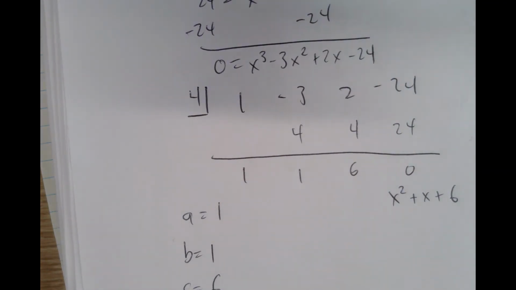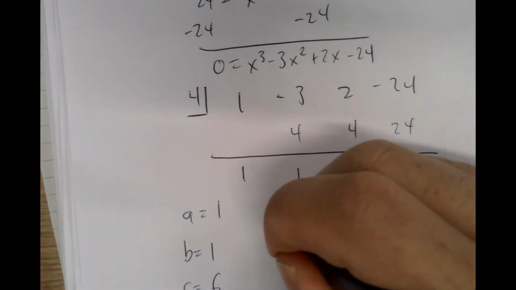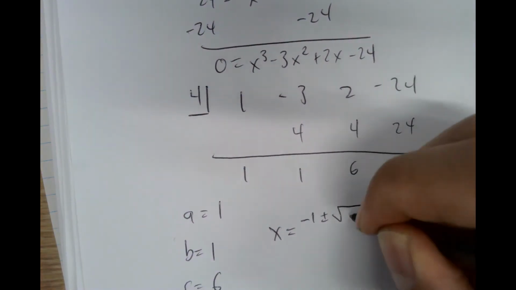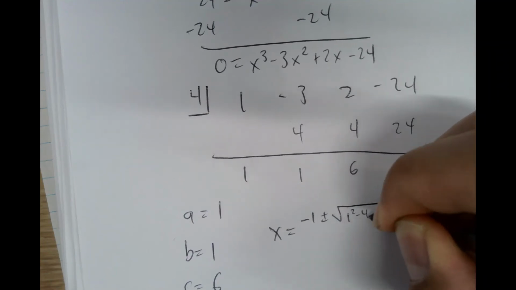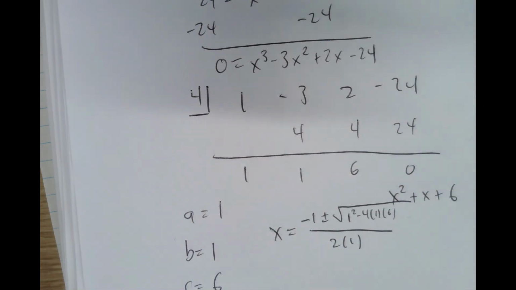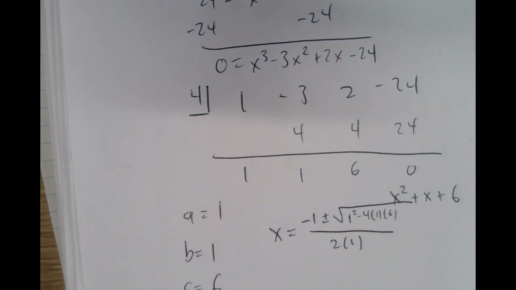And so I'm going to use quadratic formula to test. So x equals -1 plus or minus the square root of 1 squared minus 4 times 1 times 6, all over 2 times 1. So I want you to stop and consider here whether this could be a possible solution. Even though I haven't done any math yet, I've just filled in my quadratic formula. You can see here that these other 2 solutions are not going to be useful to us.